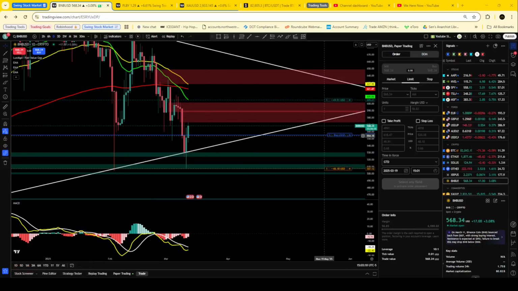Say for instance you get in right here, and price is where it's at now. I will move my stop loss up here.